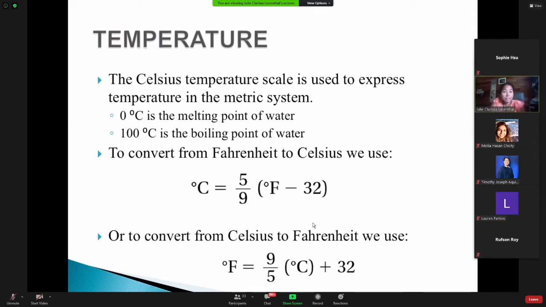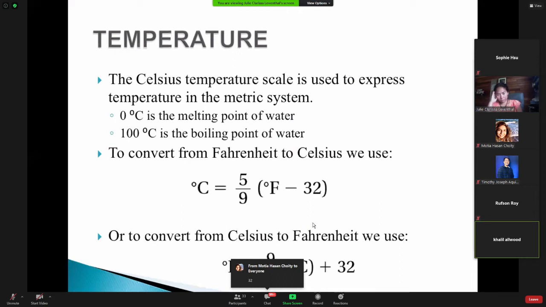what is 90 Fahrenheit in Celsius? How would you do that? You would just substitute. Once you put 90 in that equation, it would spit out the answer.